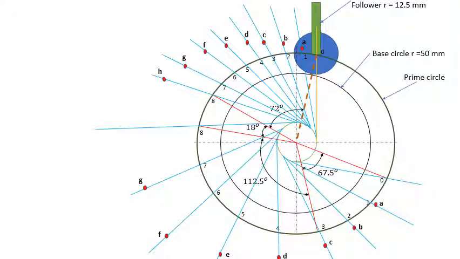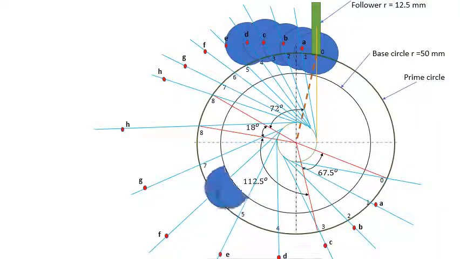Okay, so once we have the cutting points, yes, 8 to H, from each cutting point we have to draw the circle, right? This is nothing but the roller. So on each cutting point, locate the roller.